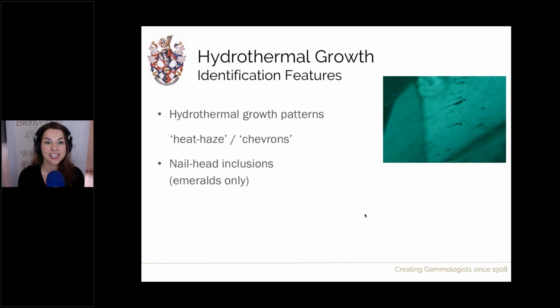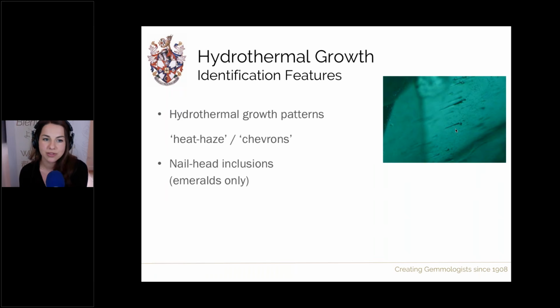Another feature that you can see in hydrothermal growth synthetics, and this is for emeralds only, is you might see nail head inclusions. So nail head inclusions, well, they look a bit like nails. They are a nail-shaped cavity, and at the very top they have a phenakite crystal. Phenakite is a polymorph of beryl, so it is a beryllium aluminium silicate.